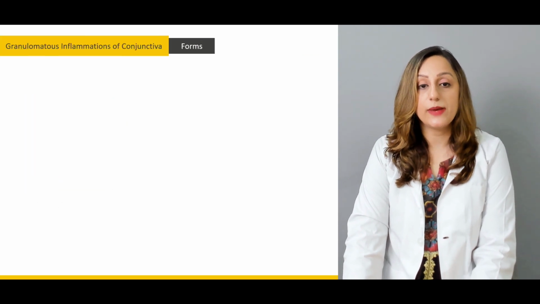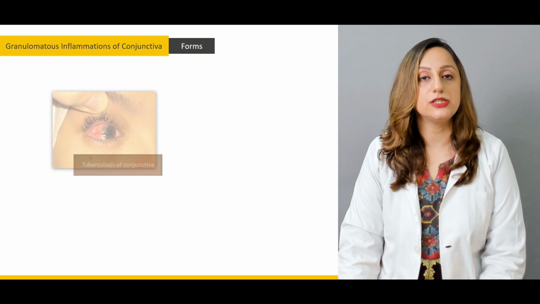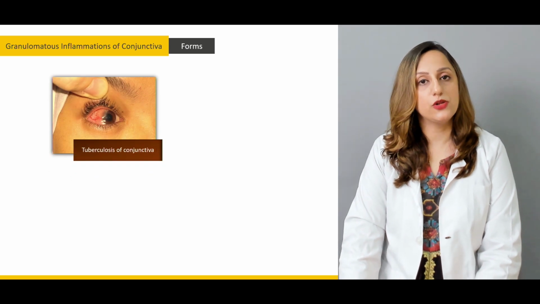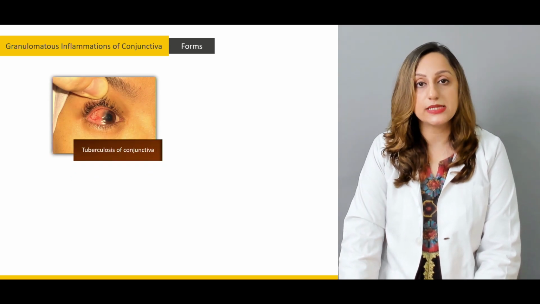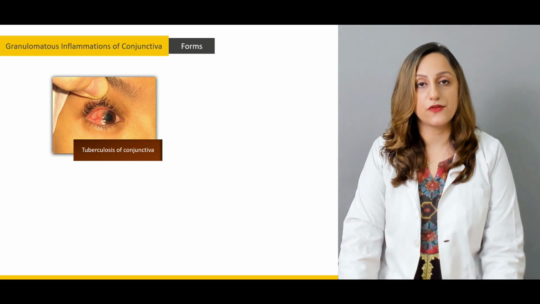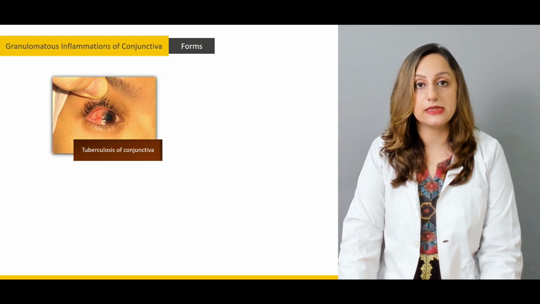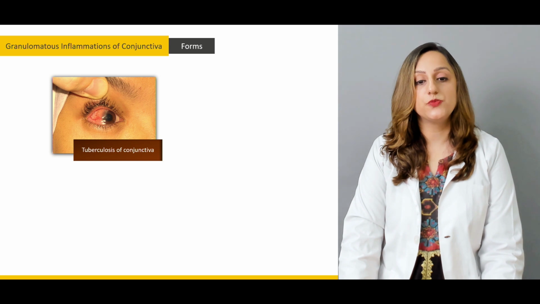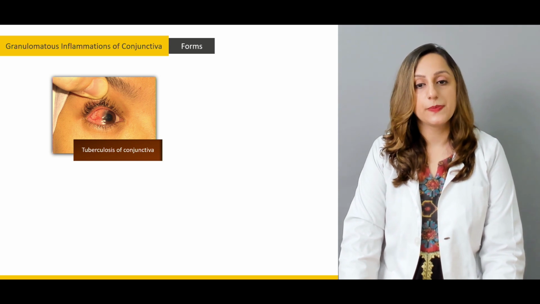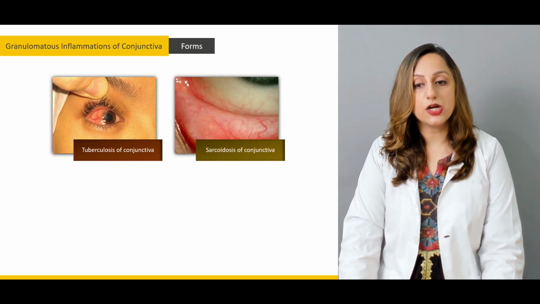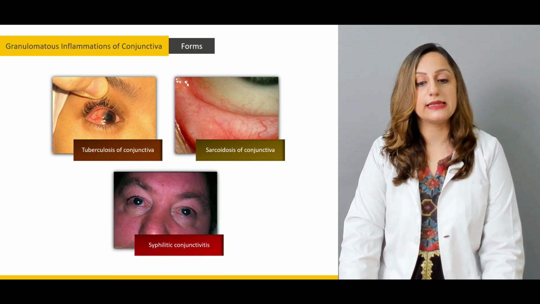Then we have granulomatous inflammations of the conjunctiva. The forms of these granulomatous infections, which relate to chronic infections, are tuberculosis of the conjunctiva, sarcoidosis of the conjunctiva, and syphilitic conjunctivitis.